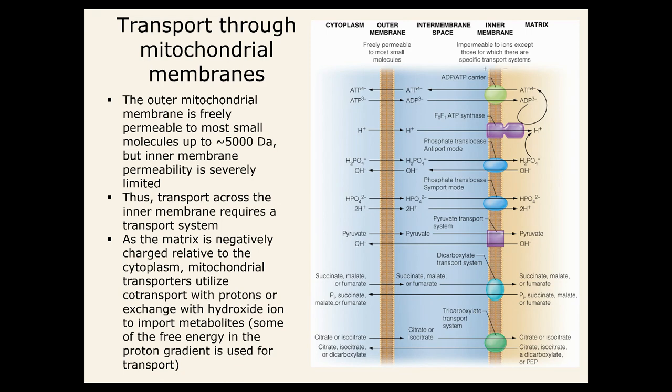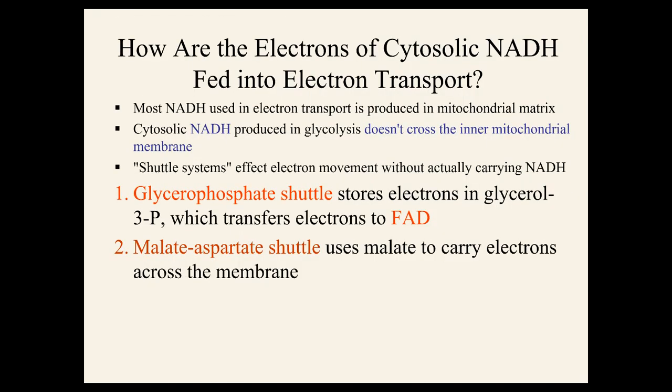And here are the shuttles. I'm not going to ask questions on these, but you have this PowerPoint, so you can go ahead and read a little bit more. So again, energy cost to moving NADH in from the cytosol into the mitochondria.